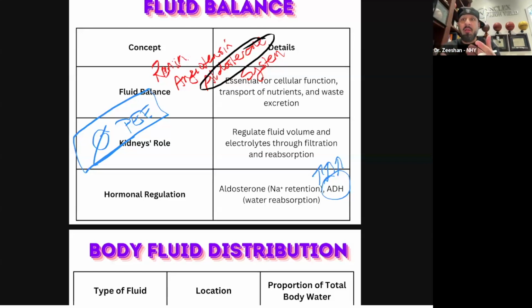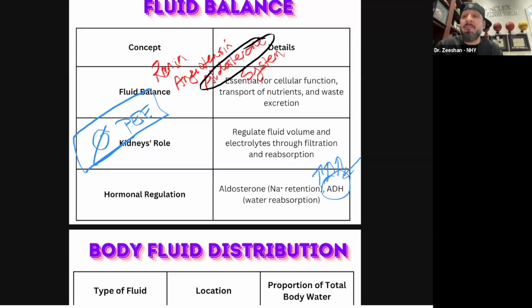And guess what? It showed me that the specific gravity was elevated above 1.030. That the urine osmolality, the urine concentration, was elevated. That's not even talking about ADH, that's just talking about dehydration in general.